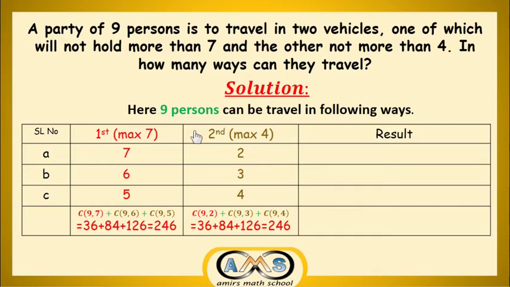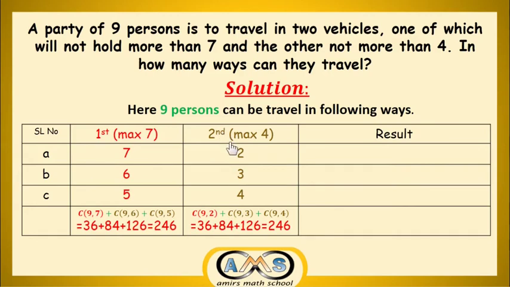The first way of selection is, first select 7 from 9, then select 2 persons from the rest 2. In this case, for the first vehicle, select 7 from these 9 persons, and the rest 2 are selected for the second vehicle. For the second vehicle, we have to select 2 out of 2, since after selecting 7 from 9, there are 2 persons left.